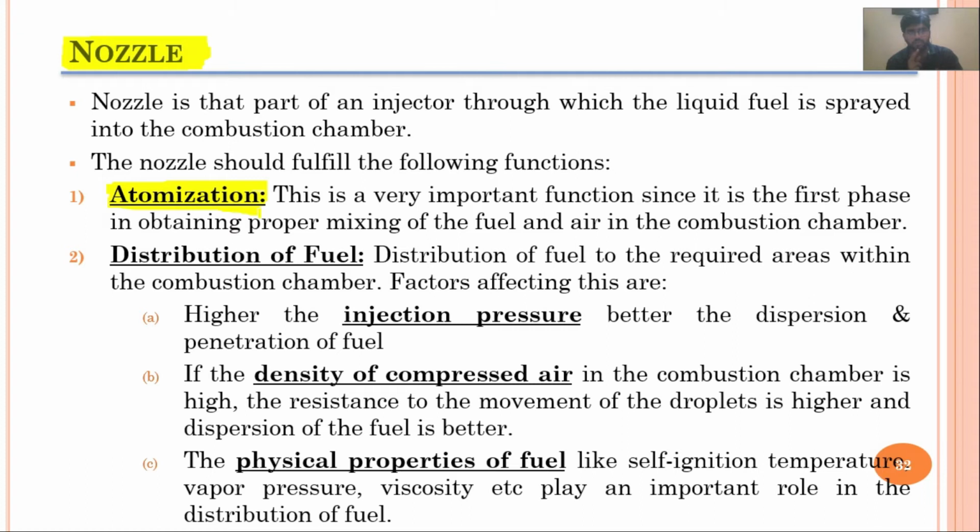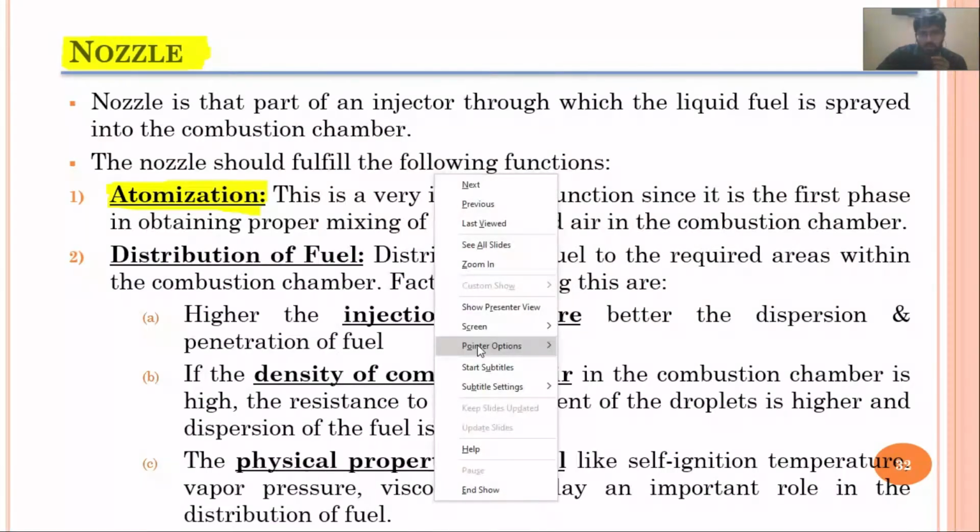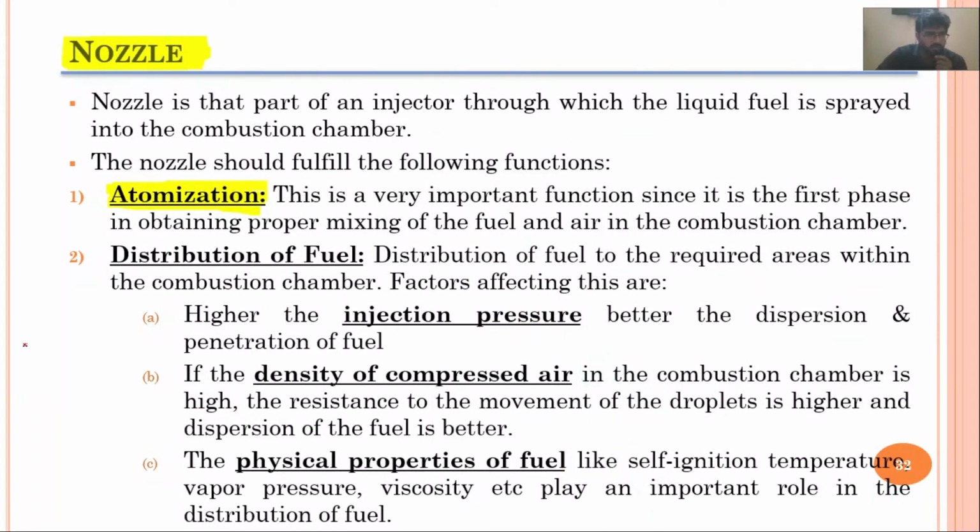Okay, now moving forward, the second one is the distribution of the fuel. Now we can understand this phenomenon. Here you can see that I have drawn a fuel injector and a combustion chamber. For example, in this combustion chamber, fuel is being distributed like this.